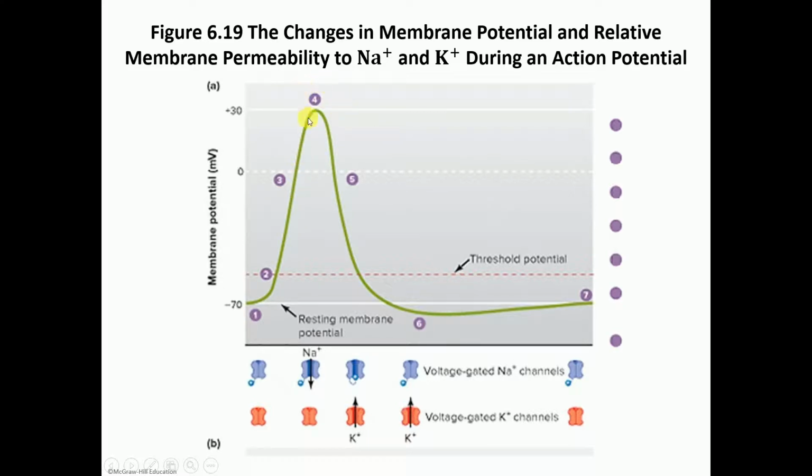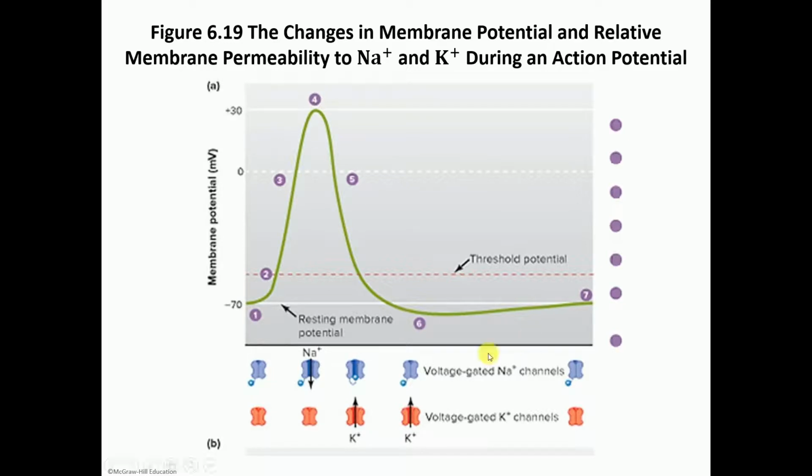At about +30 millivolts, you see here that your sodium ion channels become deactivated, while the potassium channels open up. So potassium will rush out of the cell, leading to the phase of repolarization. Remember, we just said in the previous slide that potassium channels open and shut slower than sodium channels do.